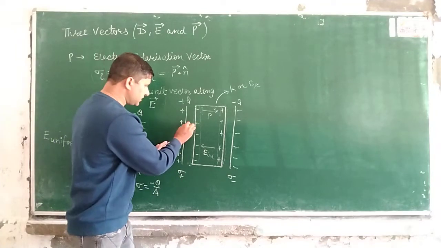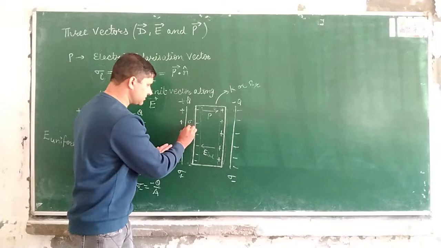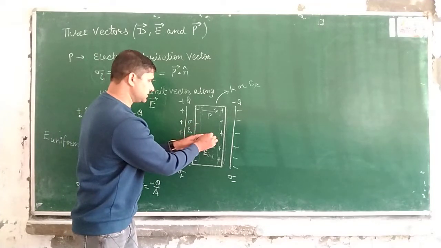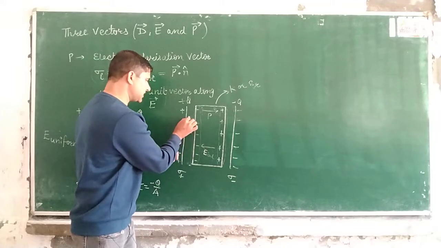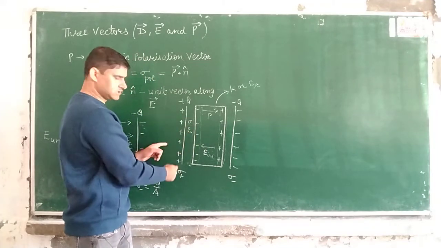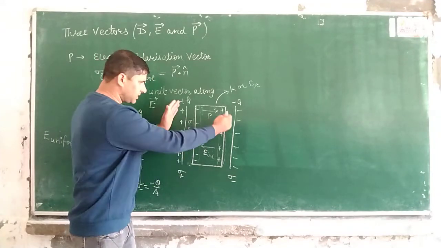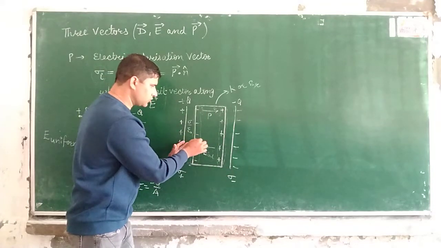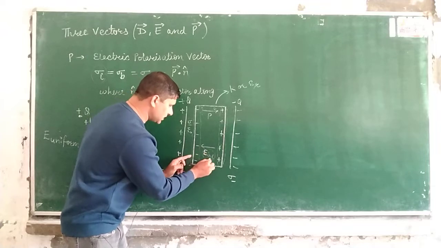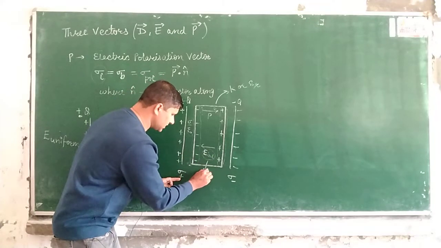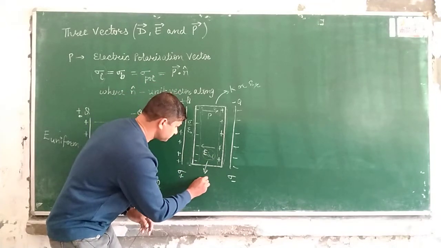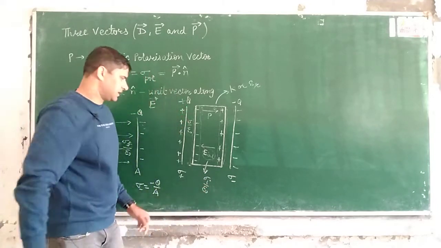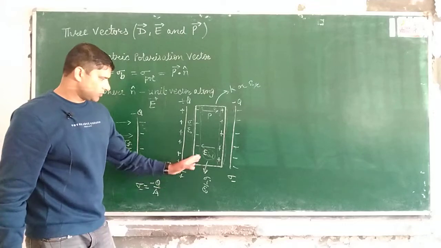Here the electric field is sigma by epsilon naught, and in this space this electric field is due to free charges available on the plates of a capacitor, while these induced charges are bound. So this induced electric field is sigma induced divided by epsilon naught. This is how you can find it.